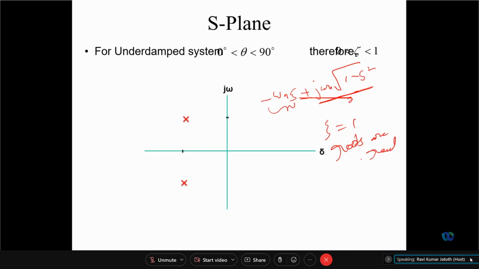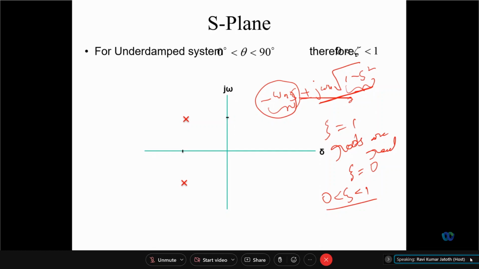And when zeta is 0, the roots are imaginary; they lie on the imaginary axis, correct? When zeta lies between 0 and 1, the roots are complex conjugate roots.